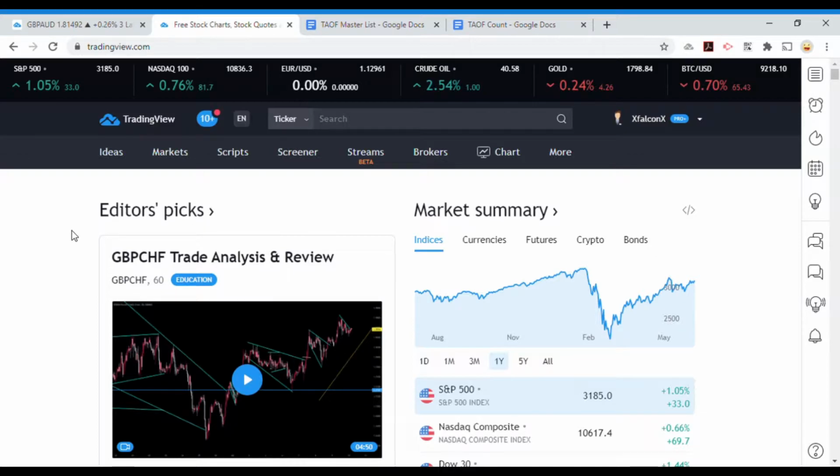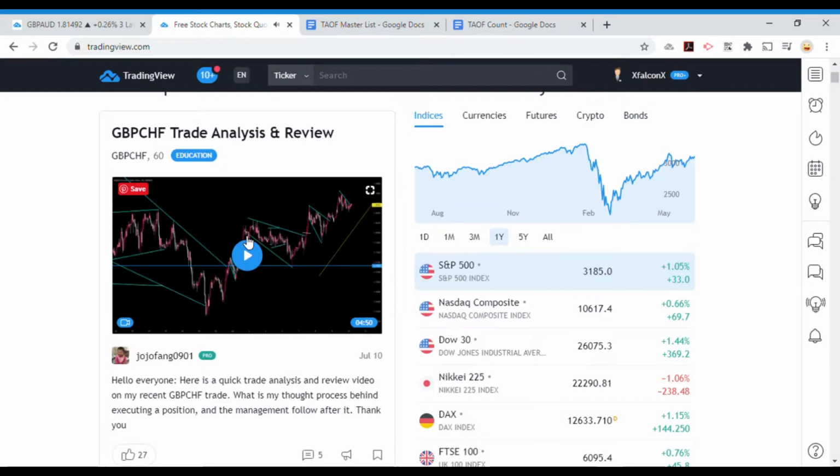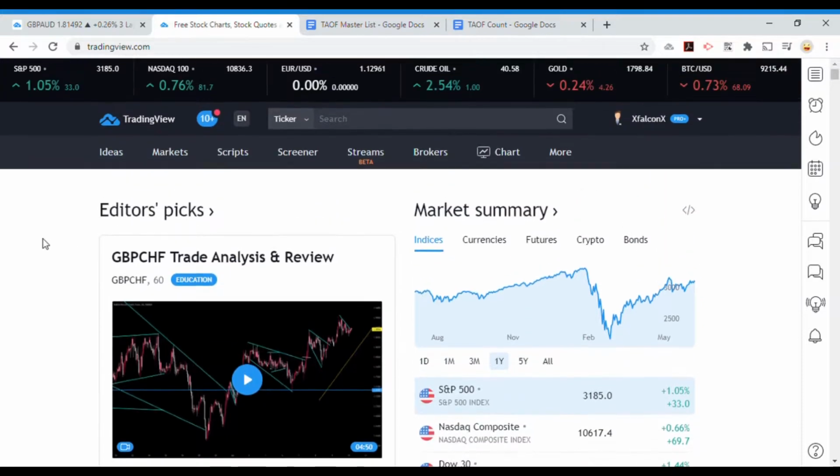People score them or give them thumbs ups for their ability to be accurate and to be precise in their analysis of where the market is going to go on particular pairs. And so, like I said, if you did nothing more than just use TradingView as a signal service, then you can absolutely get tons of benefit from it.